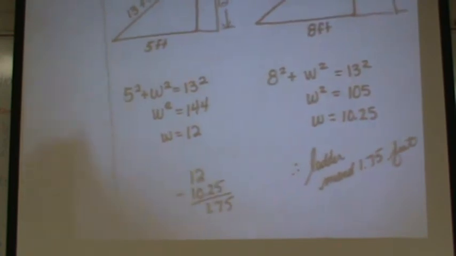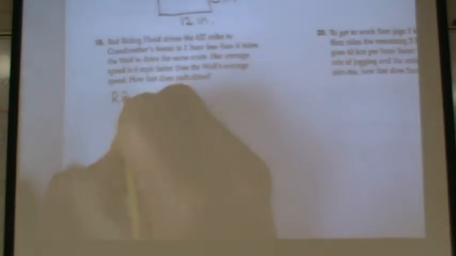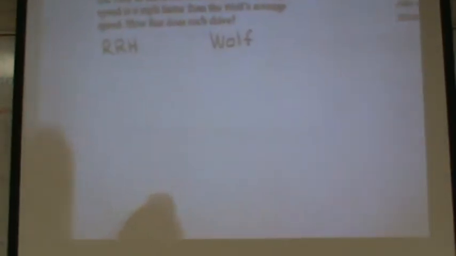Next one, number 19. Little Red Riding Hood drives 432 miles to grandmother's house in 1 hour less than it takes the wolf. So we've got Little Red Riding Hood and the wolf. And again, distance is equal to rate times time.